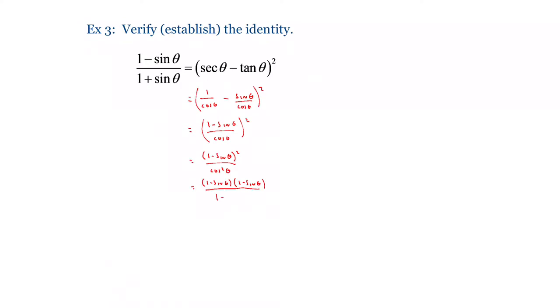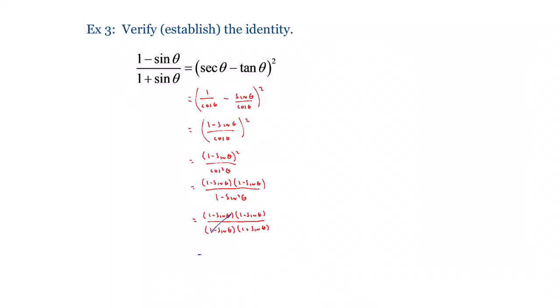Cosine squared can be rewritten as 1 minus sine squared using the Pythagorean identity. And we will then be able to factor the denominator, because it is a difference of squares. So that'll be 1 minus sine of theta. So you can see one of those is going to cancel out. And then 1 plus sine of theta.